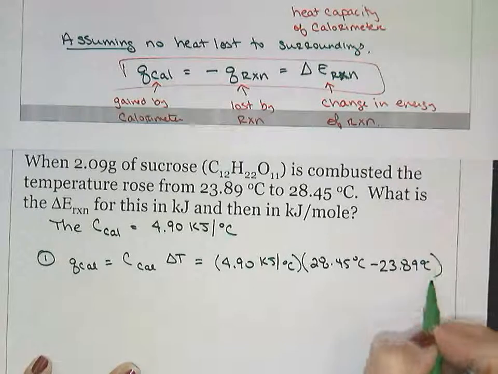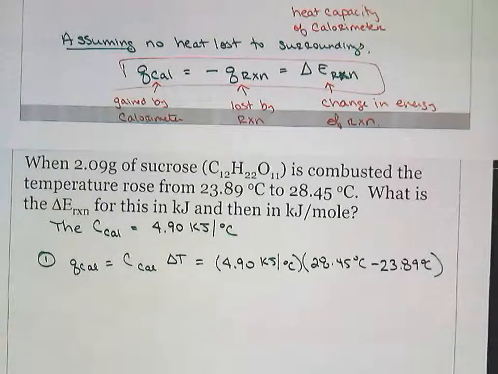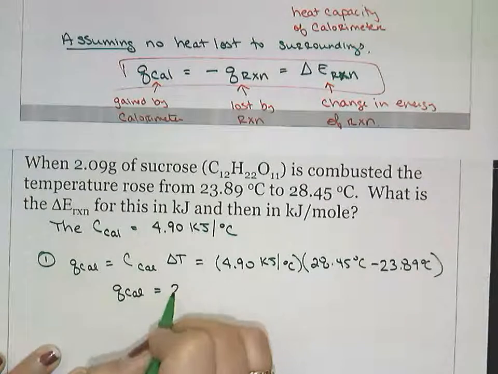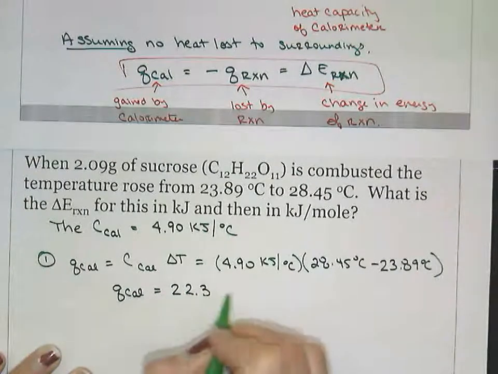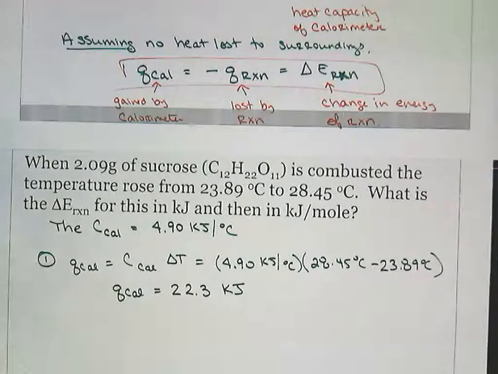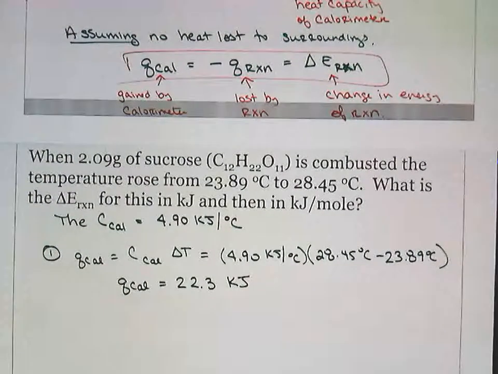All right, so let's see what that would be. How many significant figures do I get to keep in my final answer? 3. All right, so Q of the calorimeter is 22.3 kilojoules.